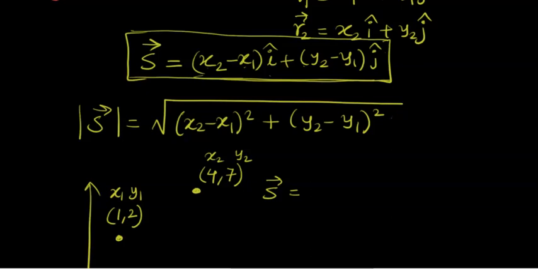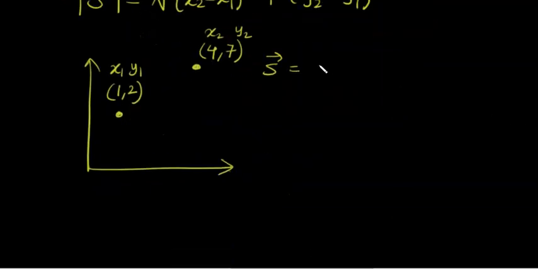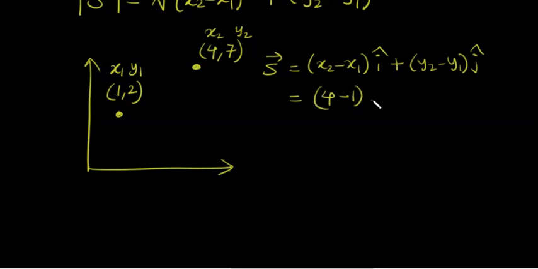So here I will substitute: x2 is 4 and x1 is 1, so 4 minus 1 i cap, plus y2 is 7 and y1 is 2, so 7 minus 2 j cap. Which is equal to 3 i cap plus 5 j cap.